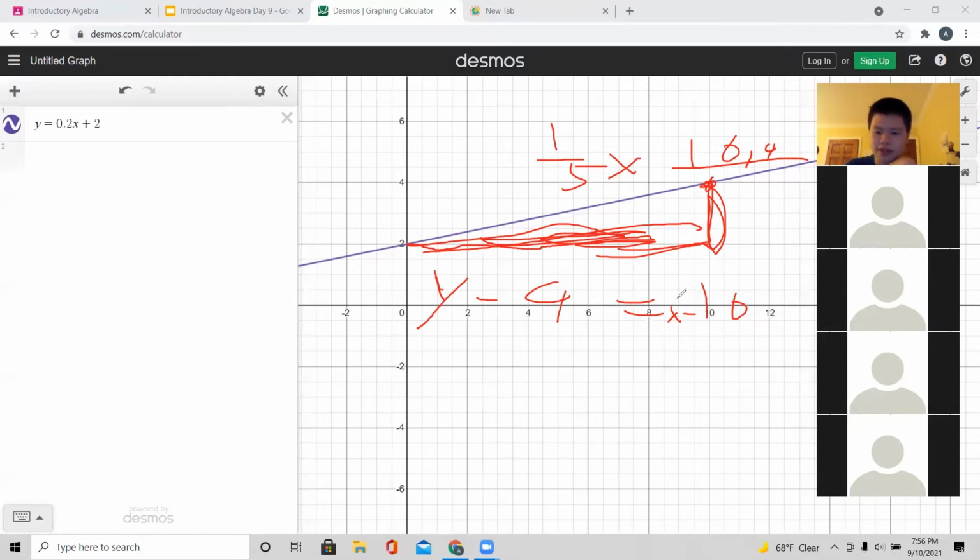So you know that x needs to have a coefficient of 1/5 compared to y on the other side. So you can just simply multiply this by 1/5. This is what we call the point-slope form. If you distribute this out, you will get the same equation as this.